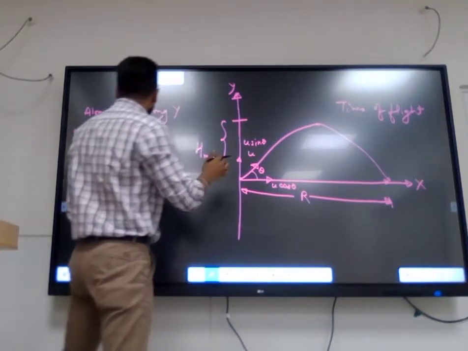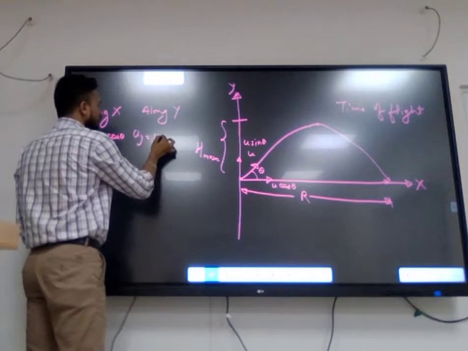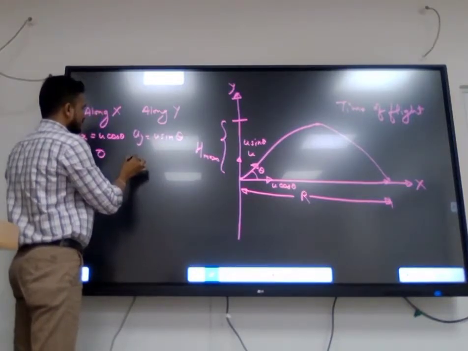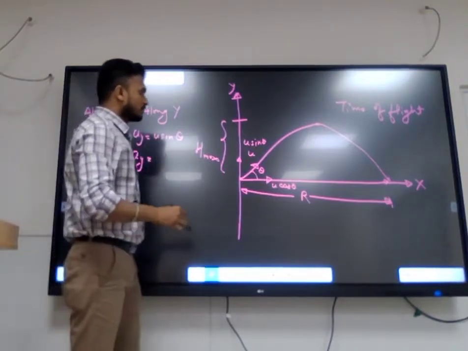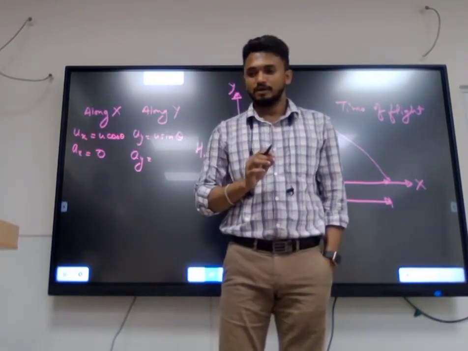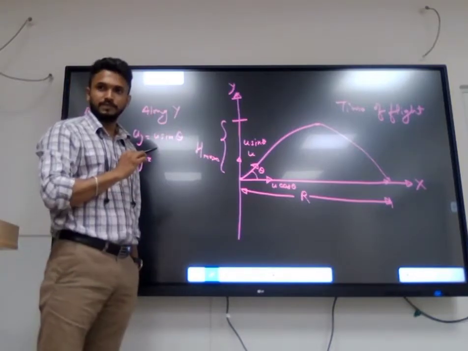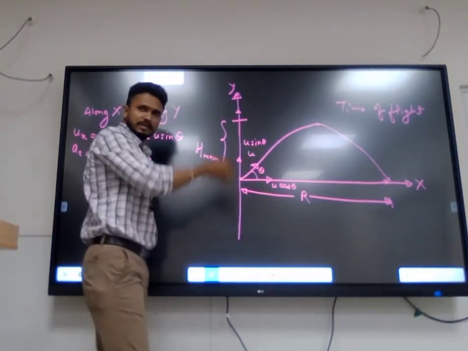Now, similarly, along y, what will happen? The initial velocity is u sine theta. And let's talk about acceleration along y. What is the acceleration along y? For this, you have to understand one thing so that you do not make mistakes. We have taken the upward y direction as positive. Now, is gravity working upward?